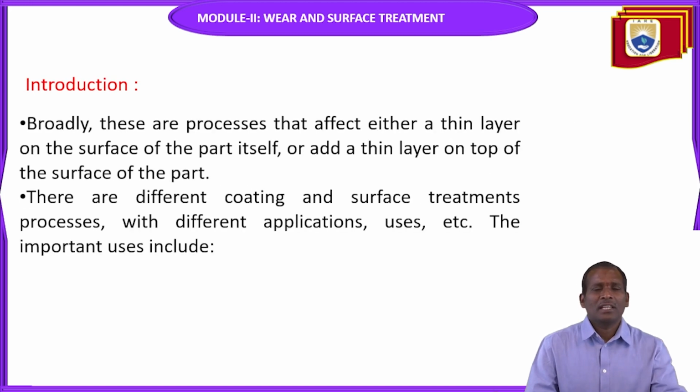Broadly, these are processes that affect either a thin layer on the surface of the part or add a thin layer on top of the surface of the part. It affects the thin layer of the surface of the part itself, or otherwise you can add an extra layer on top of the surface of the part.